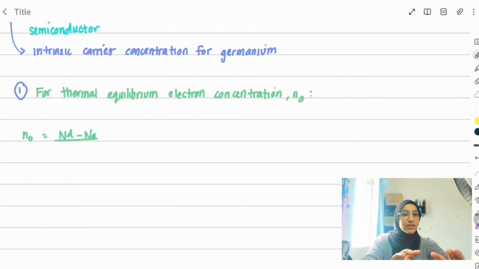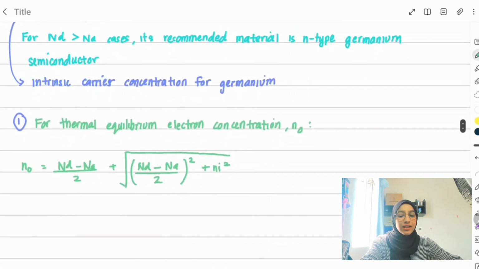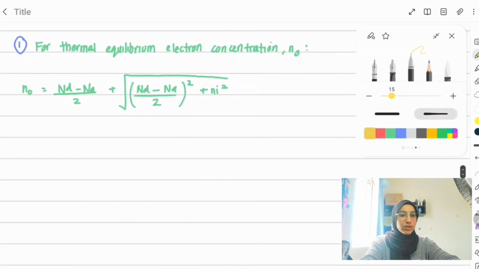This is a fixed formula for thermal equilibrium electron concentration, which is Nd minus Na over 2 plus the square root of (Nd minus Na over 2) squared plus Ni squared.